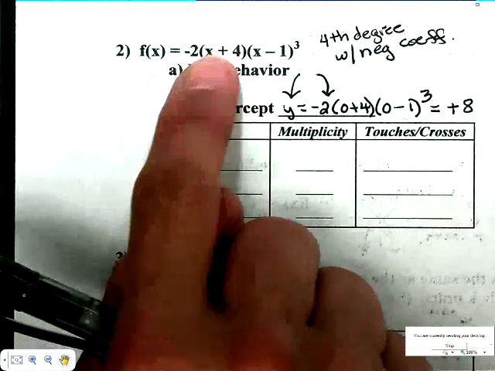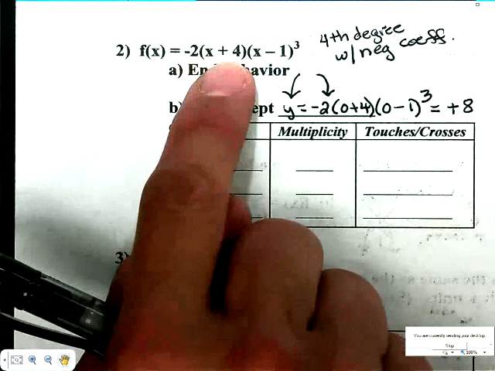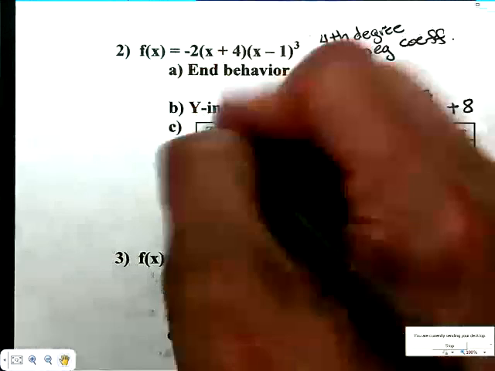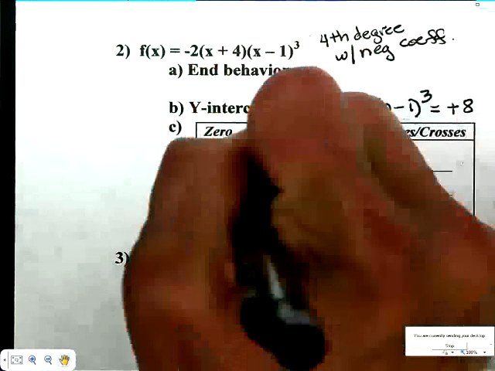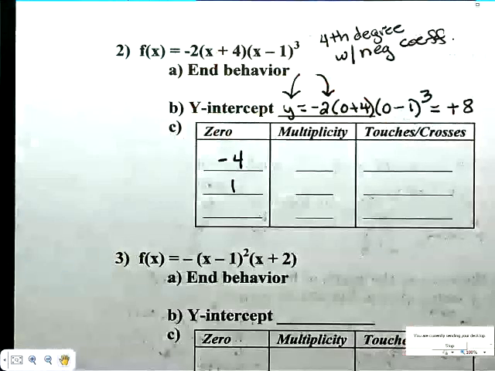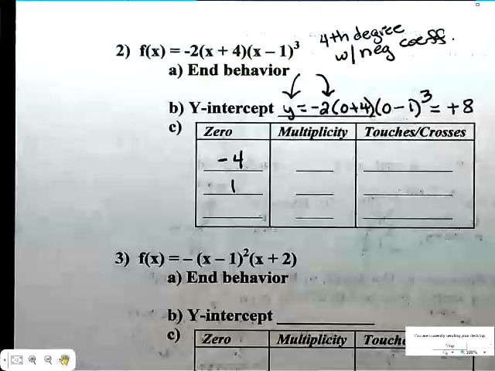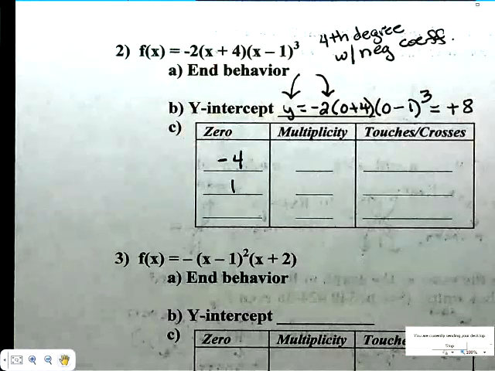But if you set x plus 4 equal to 0, that's where you get the negative 4. And if you set x minus 1 equal to 0, that's where you get the positive 1. I didn't ignore it. I paid attention to it and realized it didn't give me a solution. Never ignore it. But no, it just doesn't give you an x-intercept.